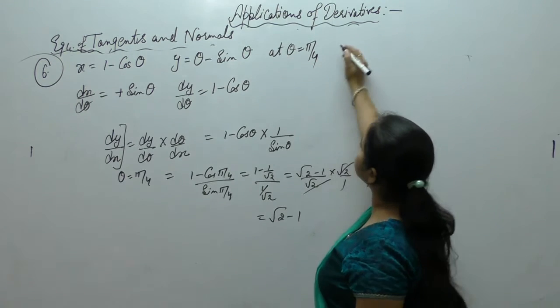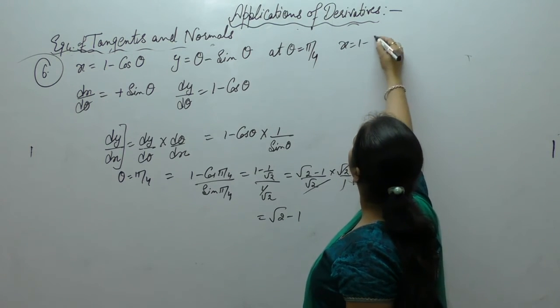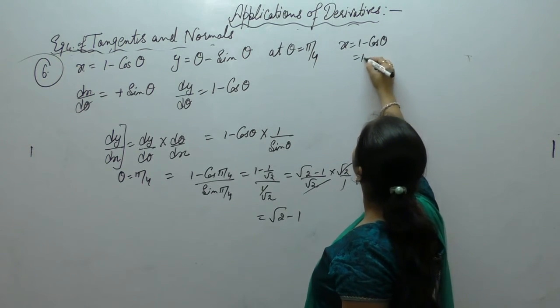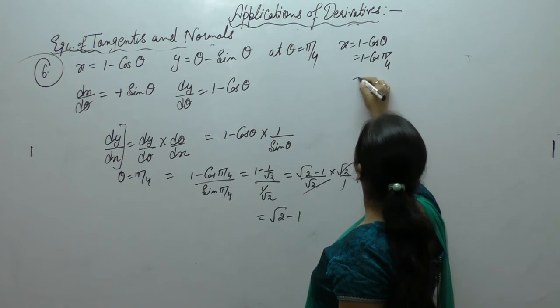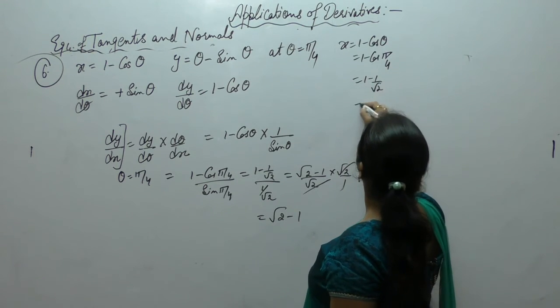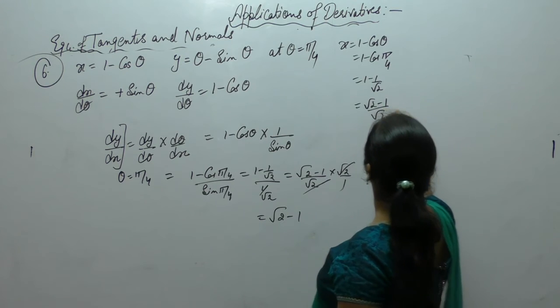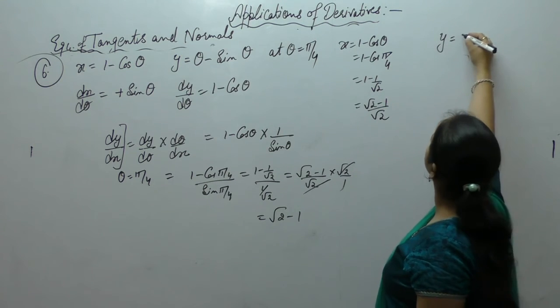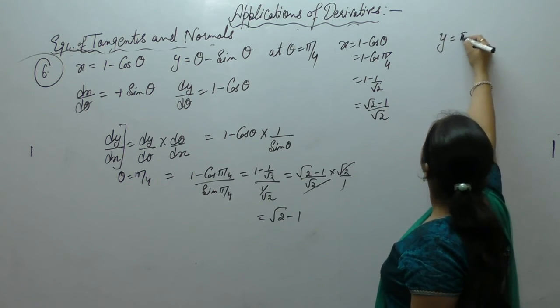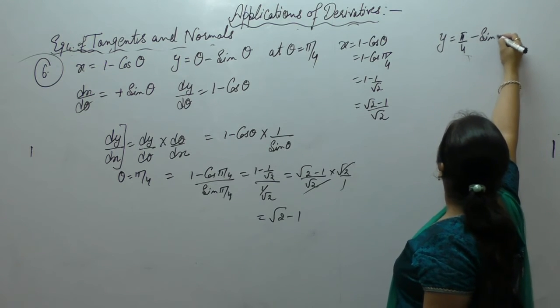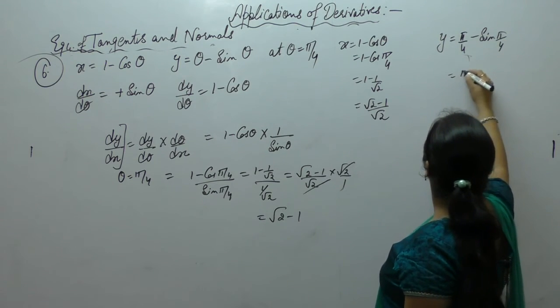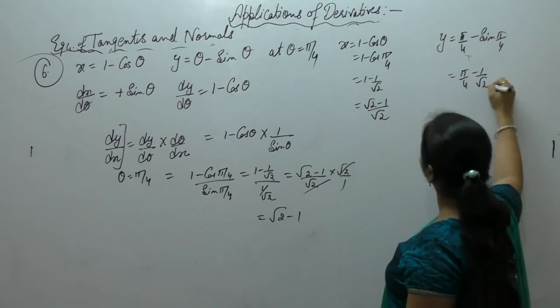Now at theta is equals to pi by 4, x has value 1 minus cos pi by 4, that is root 2 minus 1 upon root 2, and y, theta is pi by 4, so pi by 4 minus 1 upon root 2.